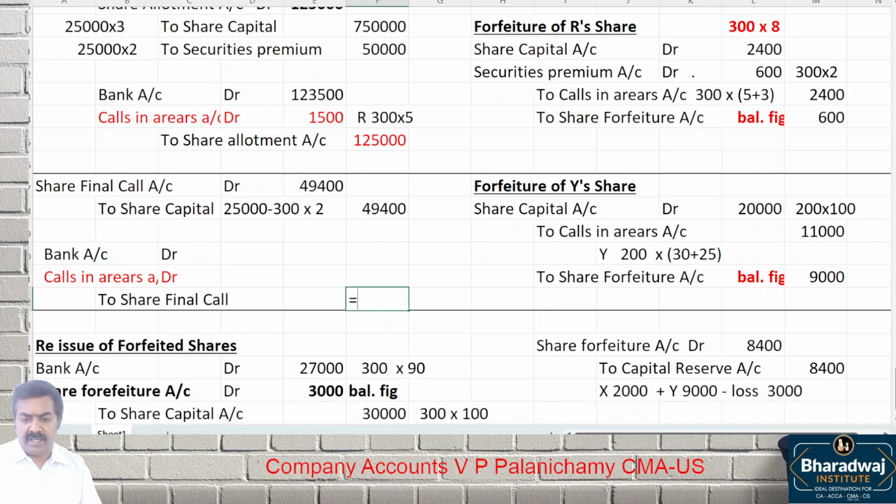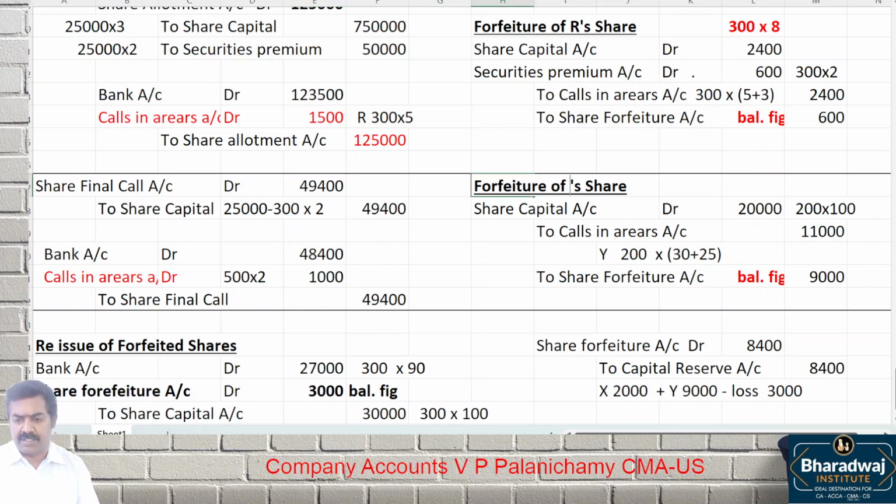Out of this 49,400, we are not collecting money for how many shares? 500 into 2, 1,000 not collected. That is from R. So balance 48,400 collected.